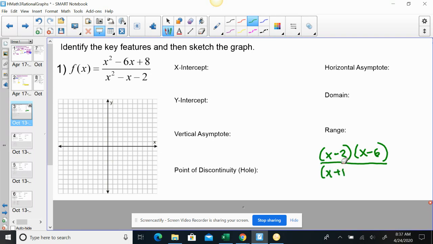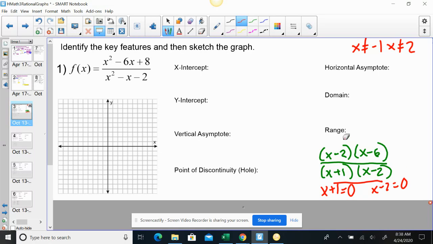That would be positive 1 and negative 2. Right off the bat, I know that my denominator values cannot be equal to 0 because you can't divide by 0. So you might want to make a note somewhere: x cannot equal negative 1 and x cannot equal 2, because negative 1 plus 1 would be 0, and 2 minus 2 would be 0.